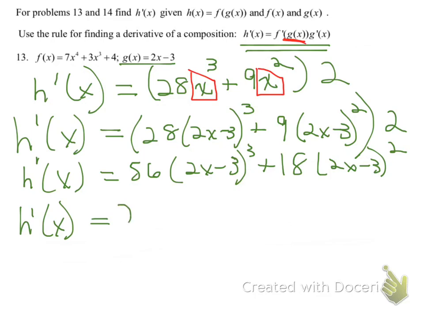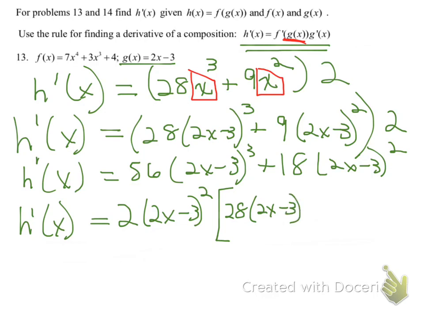So I'm going to grab a 2 out. And in terms of the powers, I can take out a 2x minus 3 squared. I put my box, because I like to use the box when I do greatest common factor factoring. And I'm going to have a 28 here times 2x minus 3, because I need one more, plus 9.